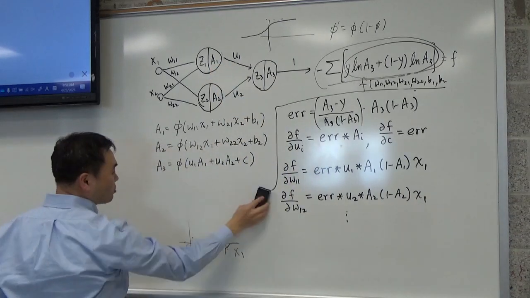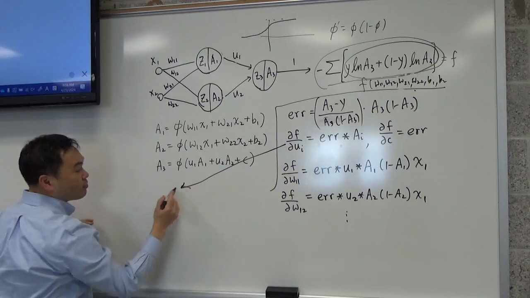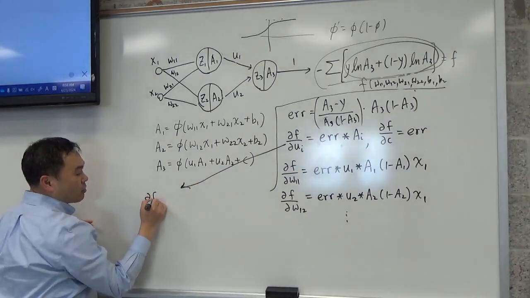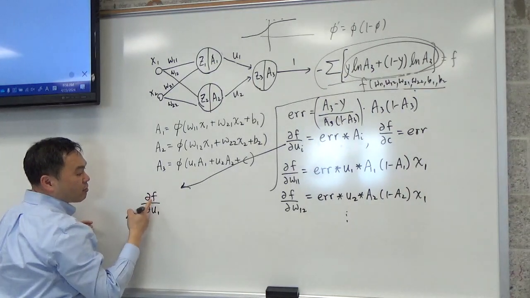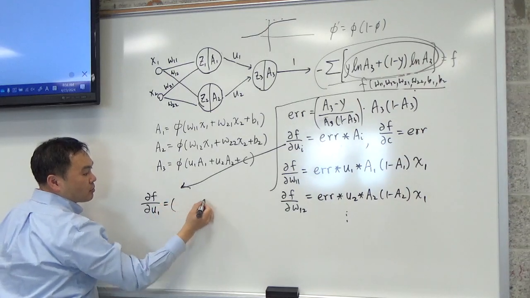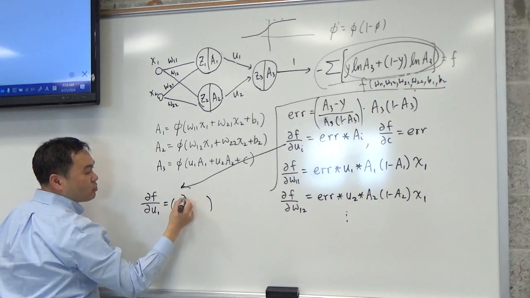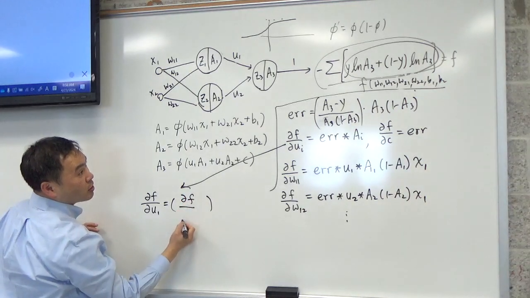So I want you to think of this formula in the following form. Derivative of f with respect to u1 is the rate of change of f with respect to c.